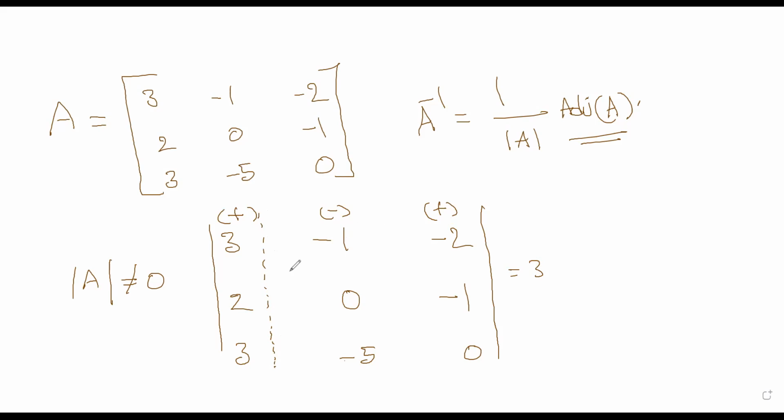I'll repeat again: close the column with your hand where 3 is present, and close the row where 3 is present. Now 3 has plus sign, so put plus 3. After leaving that, you get a 2 by 2 matrix: 0 minus 1, minus 5 0.